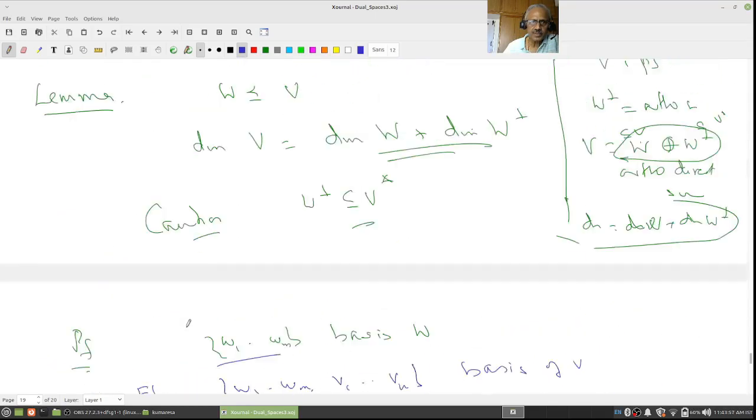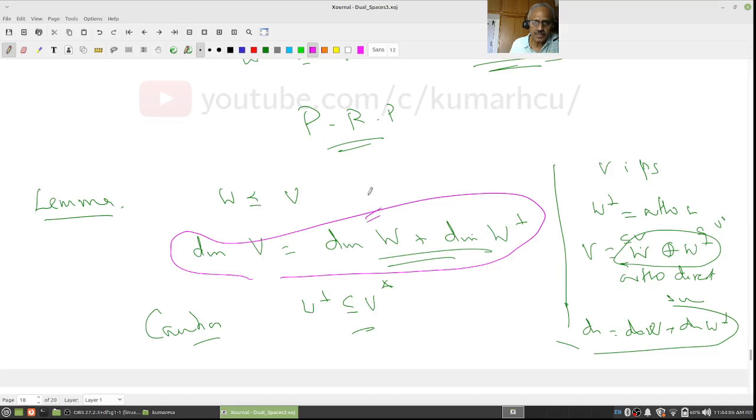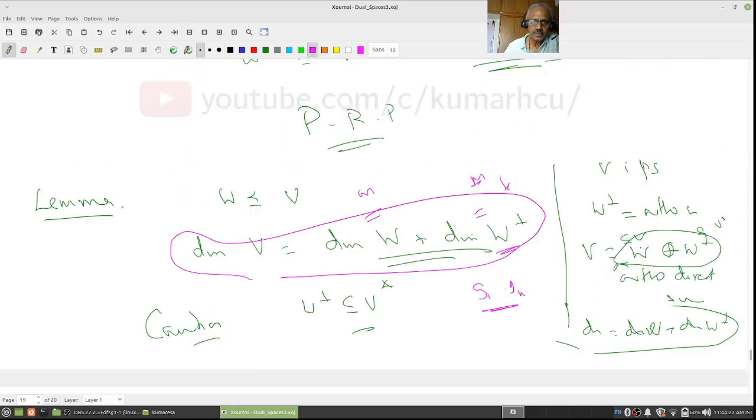Yes, that's what we wanted to prove. Notice that we proved W has dimension M. We proved G1 to GK is a basis for W perp, which means the dimension of W perp must be K. Okay, therefore we proved the result, and this shows M plus K is the dimension of V. Are you following?